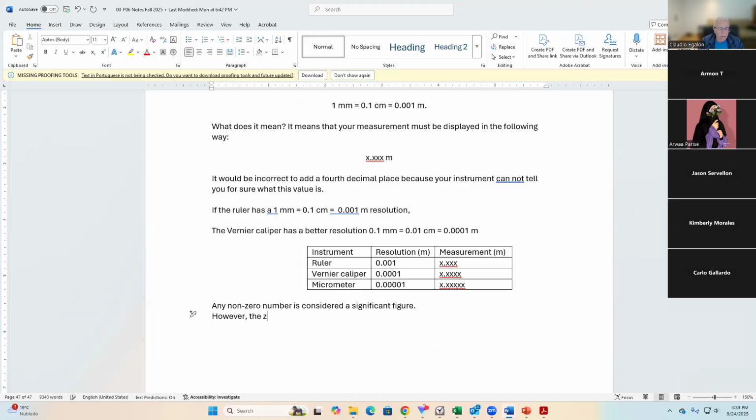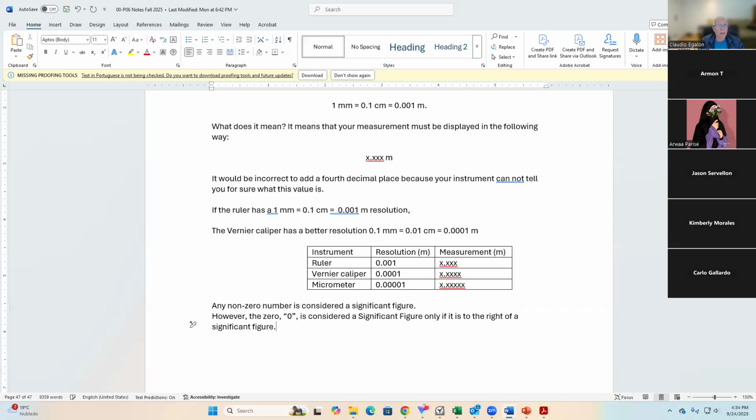However, the zero is considered a significant figure only if it is to the right of a significant figure.